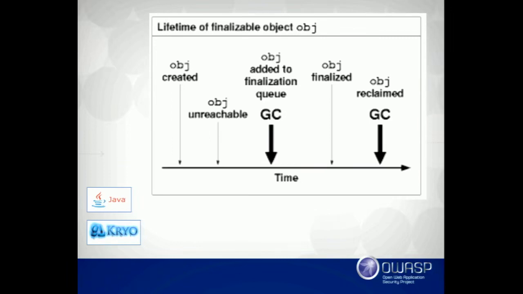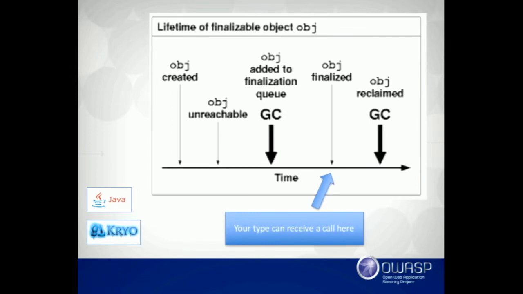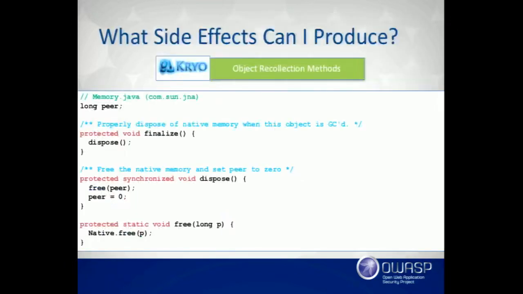And what we see is when an object is finalized, meaning when an object is ready to be reclaimed by the JVM to reallocate the heap memory, you can actually set up a callback in your code by overriding a method called finalize. So you make a method called finalize, and then Java will call that for you, right?